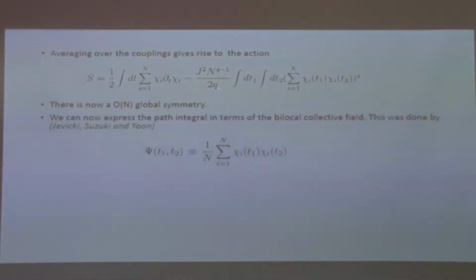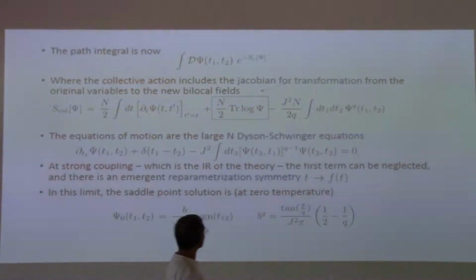So introduce a bilocal field because the chi's are actually fermions. This actually turns out to be antisymmetric under the interchange of t1 and t2, and by methods which have been known since the 1980s, you can make a change of variable in the path integral from your original fields to these bilocal fields, in which you get an action which is given by this.